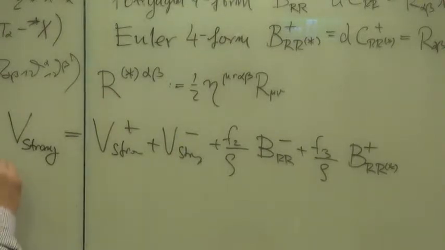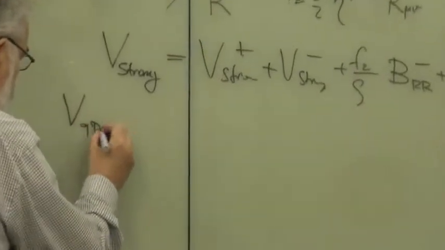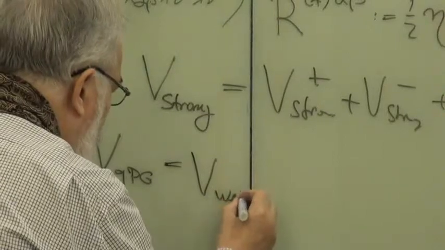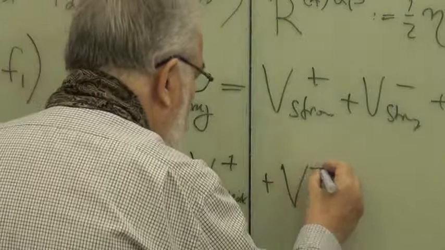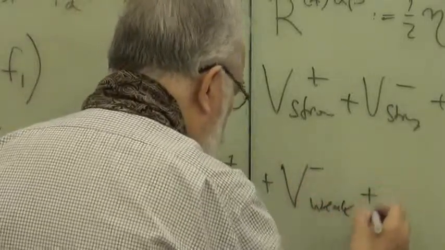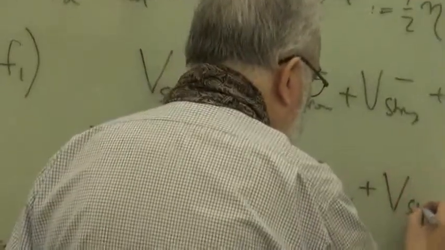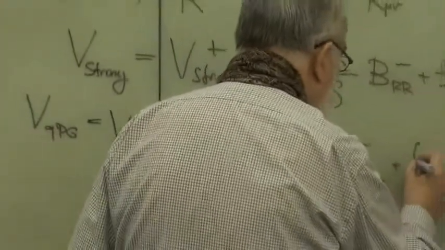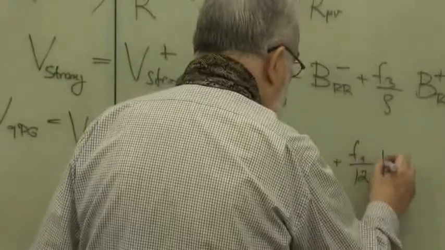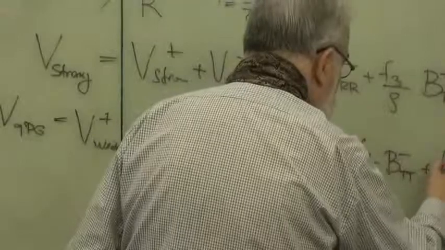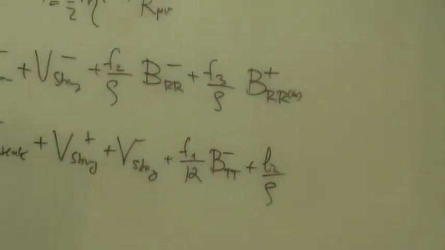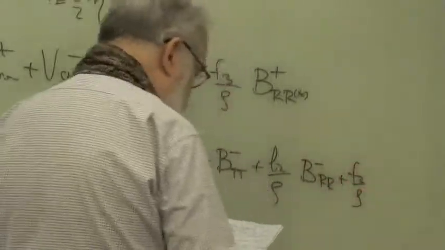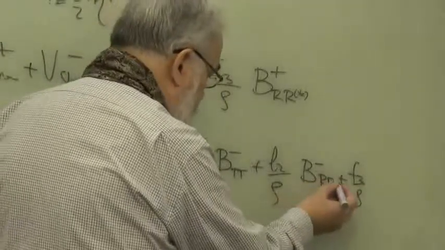So the whole gravity Lagrangian of the quadratic Poincaré gauge theory, small q PG, is V weak plus V minus weak plus V strong plus V minus strong plus F1 over kappa times the boundary term for the torsion, B minus torsion, plus F2 over rho times B minus R, plus F3 over rho times B minus R Hodge star.